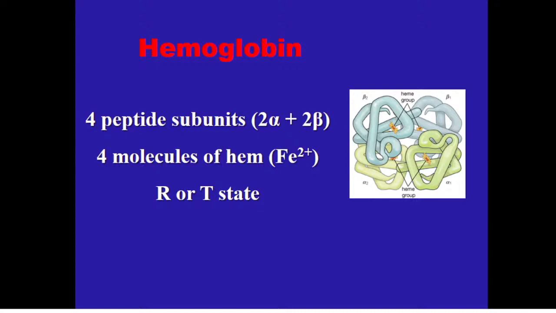agree with me. Look, please, it's a heterotetramer. The 4 peptide subunits are represented by 2 alpha and 2 beta subunits.